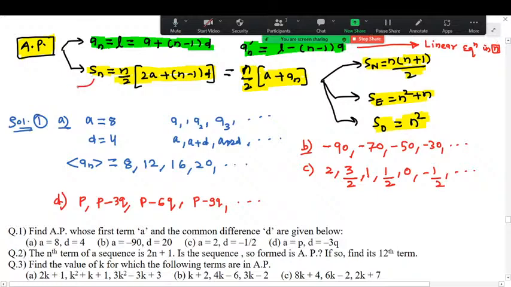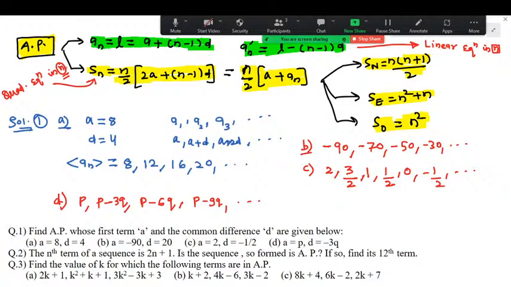Similarly, our Sn is coming out to be a quadratic equation in n if my sequence is in AP. Do remember, if the sequence is in AP, the nth term is always a linear equation in n, and the sum of n terms is going to be a quadratic equation in n.